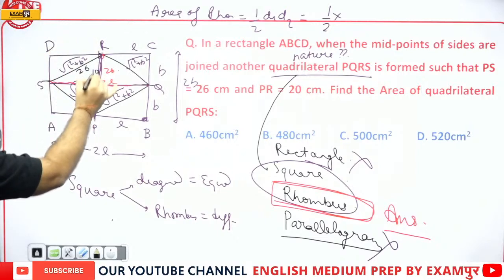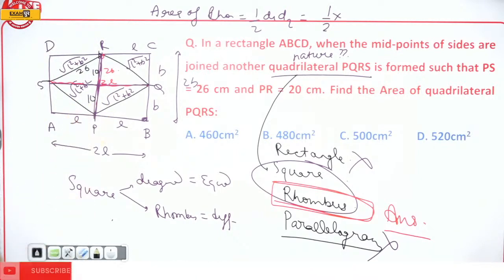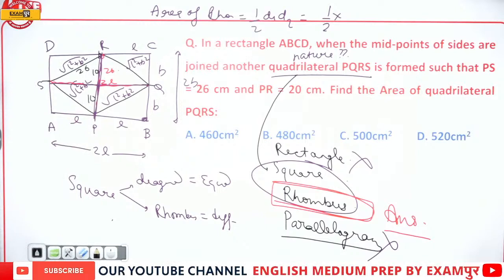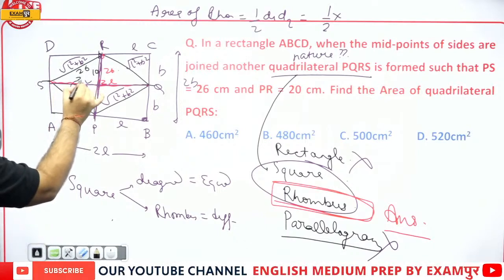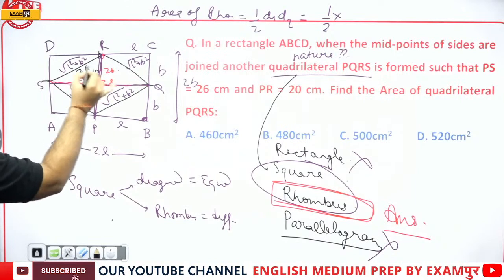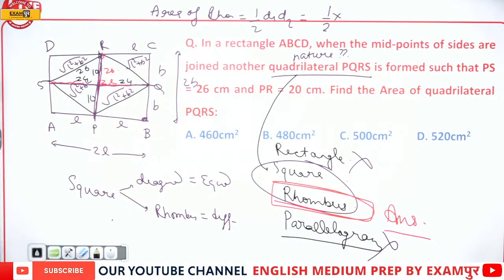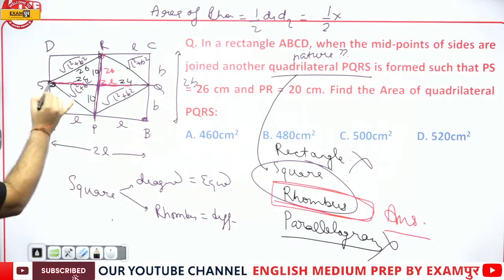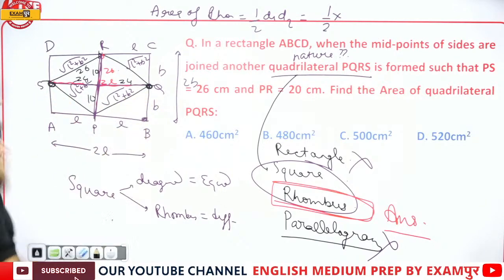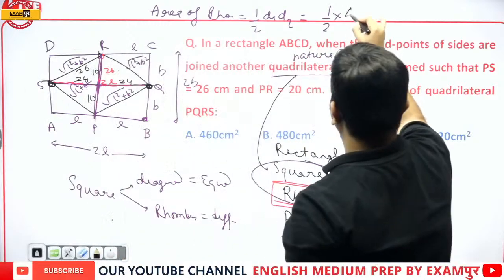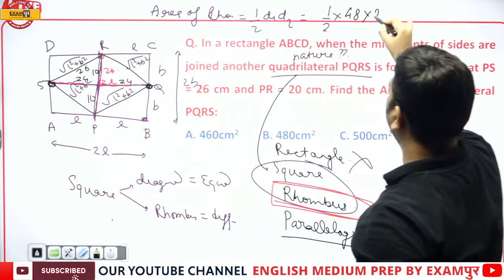So 10 each. So this is going to be 24, using the 5, 12, 13 triplet. So SQ is 48, and the other is already given as 20.